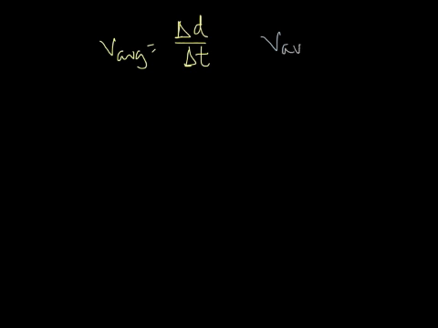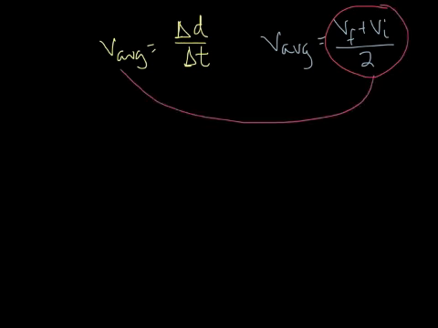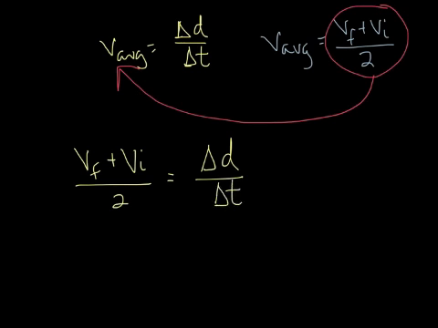Another way to find the average would be to add the velocities up and divide by how many we have. So we will use (v final plus v initial) divided by 2. Now we will substitute this into the first formula in place of v average. This gives us (v final plus v initial) divided by 2 equals delta d over delta t.